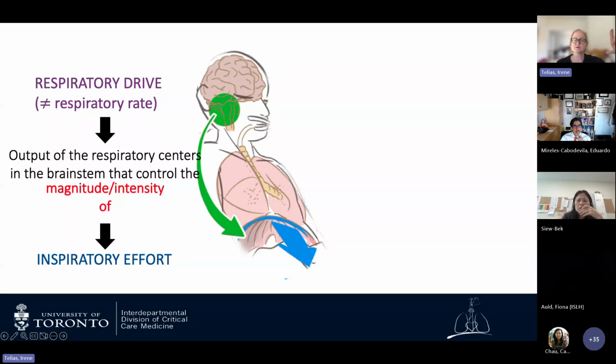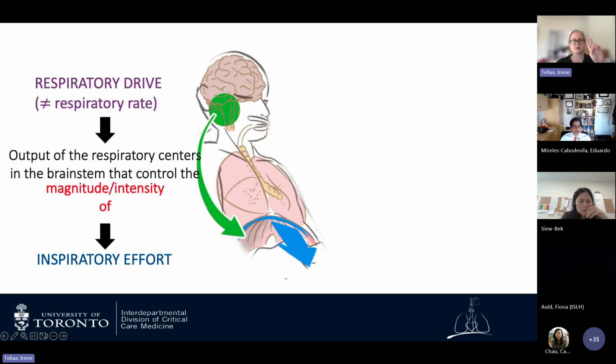The breathing pattern has different domains, one of which is the magnitude, the strength with which we breathe, and this is what is primarily modified and controlled by the respiratory drive.